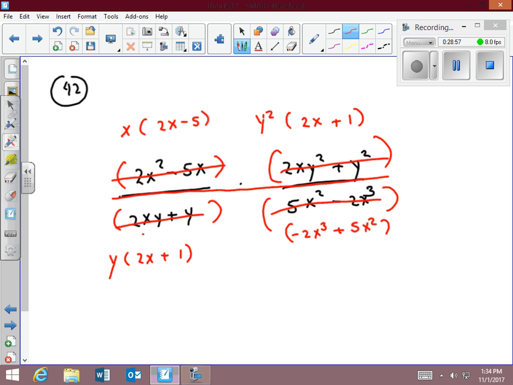So what do you have to do? Factor a minus sign out. When you factor a minus sign out, that minus sign in the denominator you could move right up here, making the whole thing negative. And then write this as 2x cubed minus 5x squared.